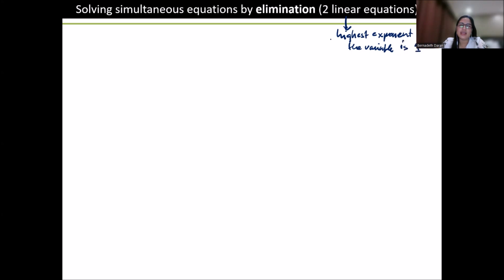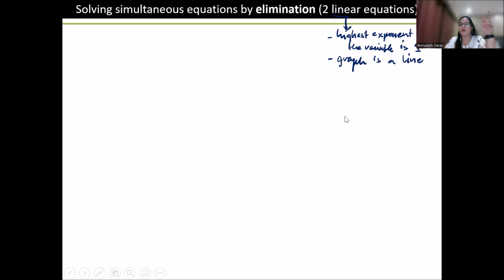Okay. And the graph of a linear equation, from the word itself, linear, the graph is a straight line. Okay, so that's how you will know if you have a linear equation.